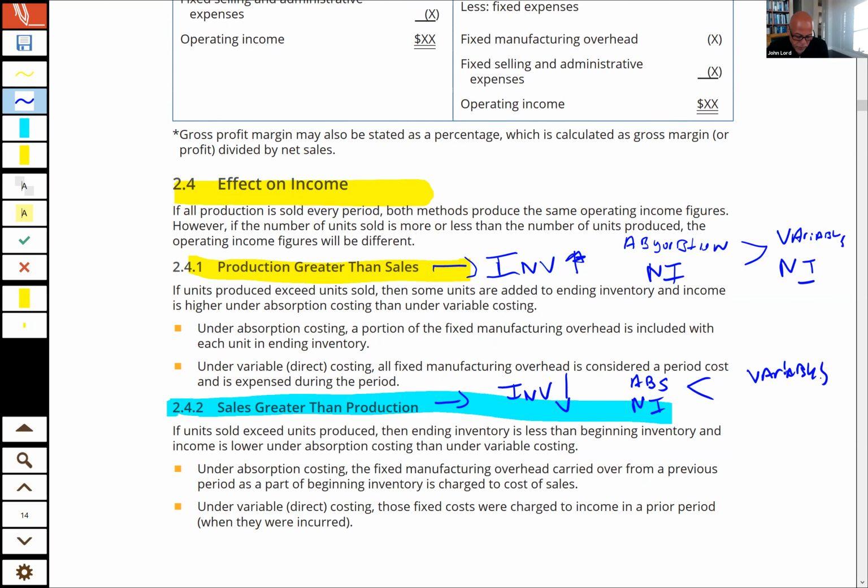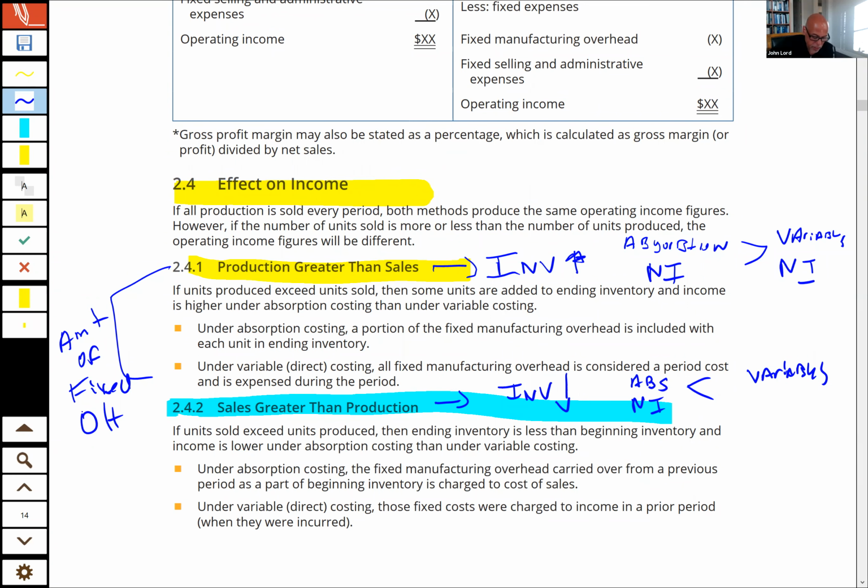And it will be less by a consistent amount: the amount of fixed overhead, as we saw in the example. So not only do I know which is bigger and which is smaller, I know how much it is. It's the amount of the fixed manufacturing overhead cost.